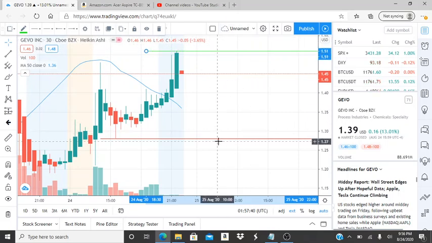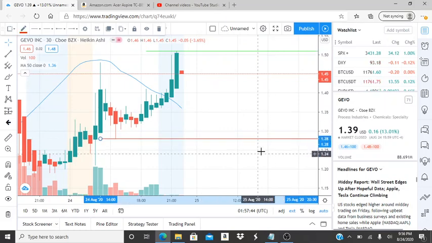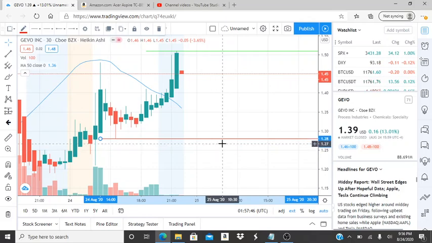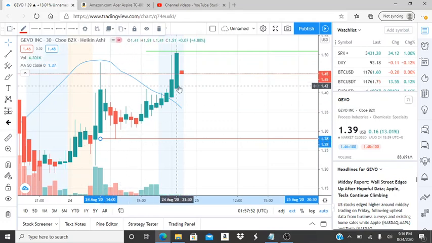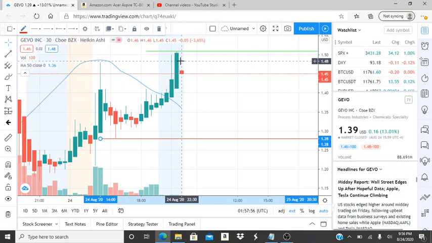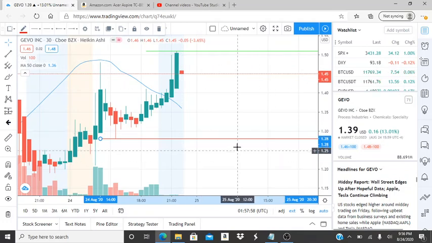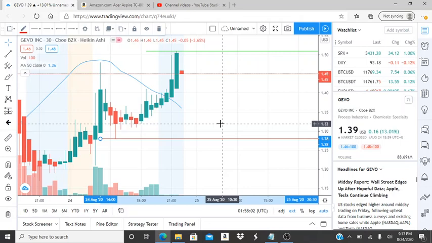Now, if this is working its way down, the support level is 128. This is the most significant one because it's the lowest point after it rose and it dipped, and the lowest point after this bullish run of continuing the momentum started. So 128, if that gets close to that, there's two things that are happening.